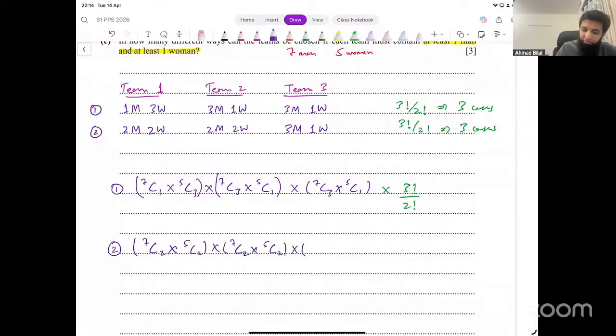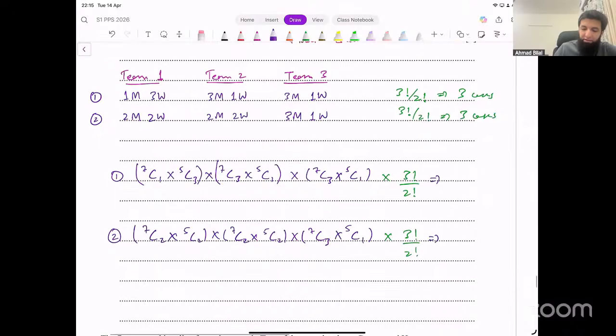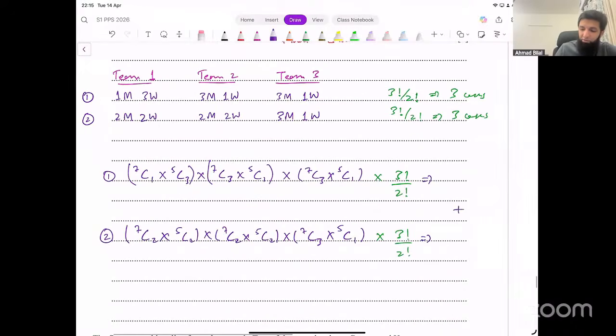And then for the third team, out of 7 men, we want 3, and out of 5 women, we want 1. Multiply this by 3 factorial over 2 factorial. You'll get something from here, and something from here. It's either the first case or the second case. We add both of them up, and that is going to give you the result.